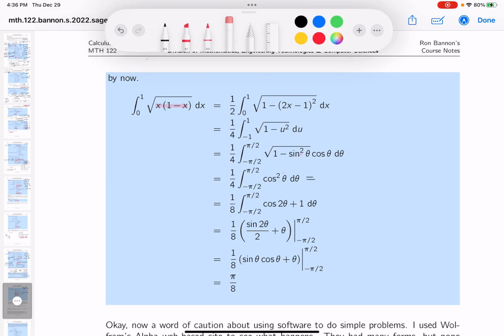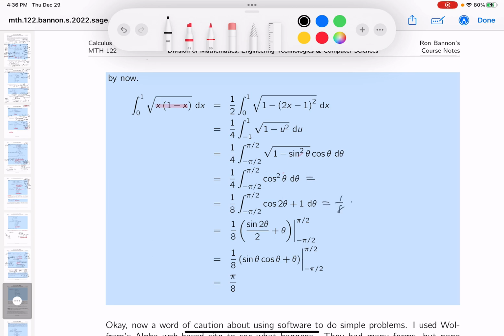All right? And what do you get over here? You get 1/8. The antiderivative of cosine is sine 2 theta over 2 plus theta. Limits of integration, they go from minus pi over 2 to pi over 2.